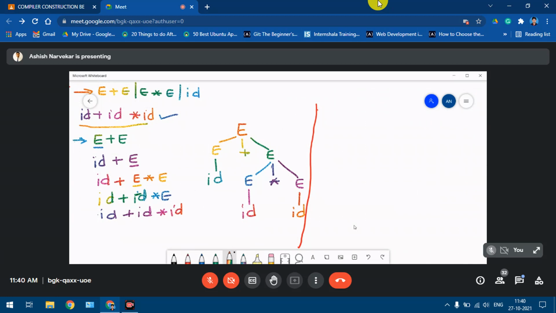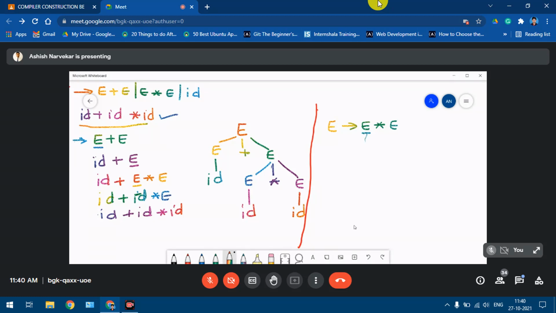Next, let's try using another production rule just as a possibility. The other production rule we can try is, say, E derives E star E. Let's say that we use this particular production rule as the starting production rule to arrive at that particular string. Now this is the one which will be expanded or replaced.